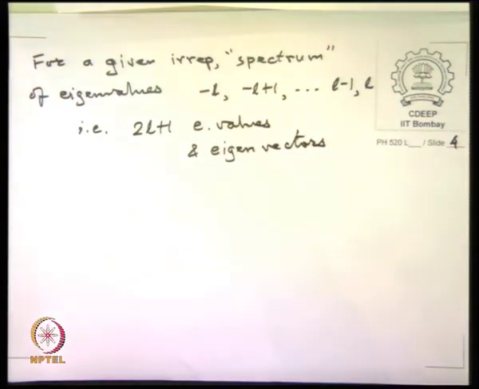So, the point is that the algebra will only mix these. You can construct the raising and lowering operators J plus, J minus, and they will convert one vector into the other, and this forms an irreducible representation. But there are infinite number of irreducible representations.